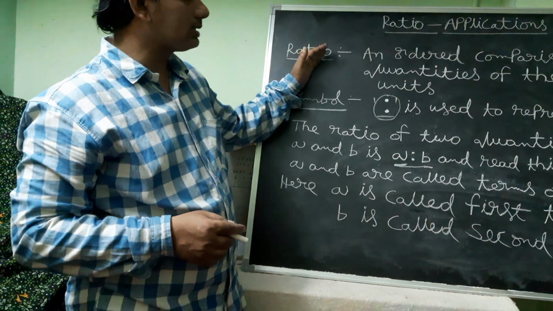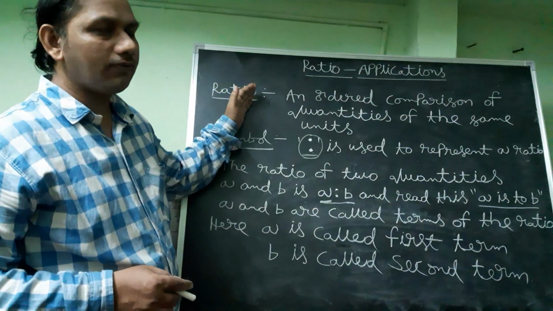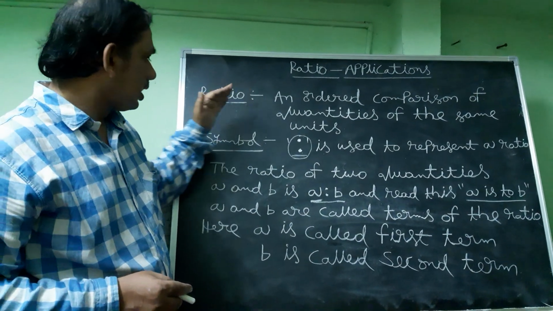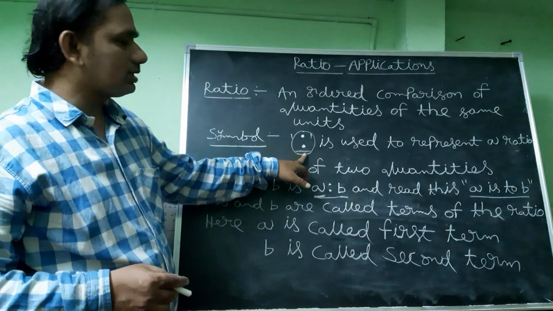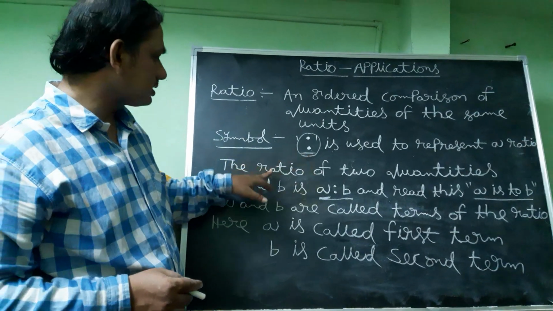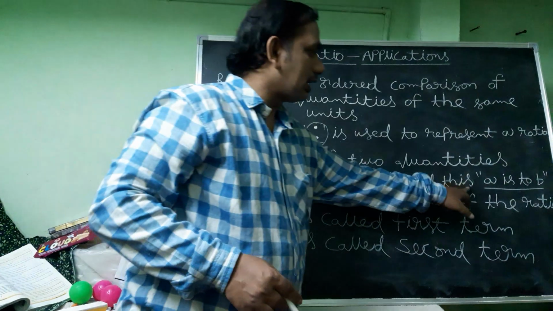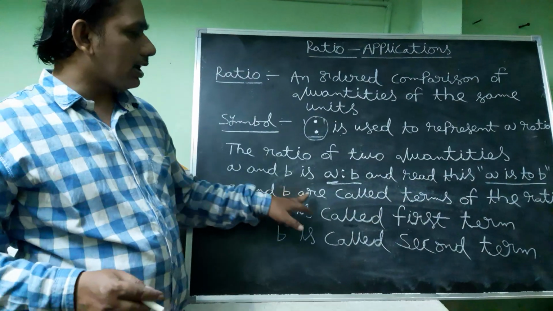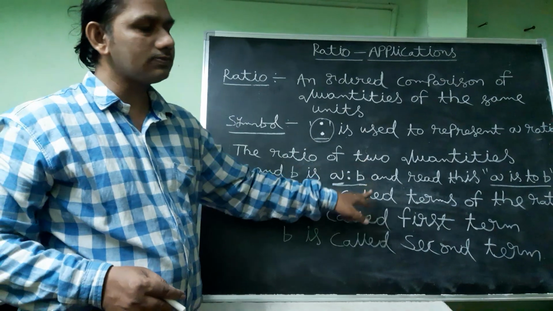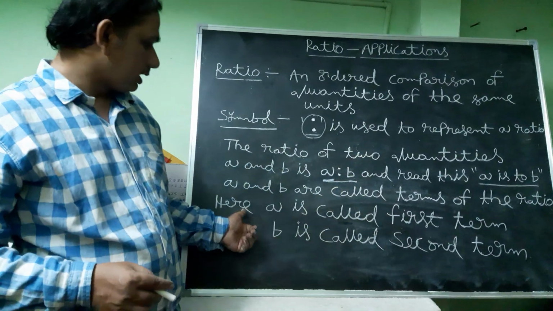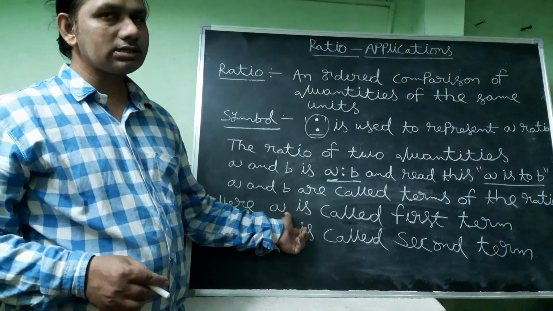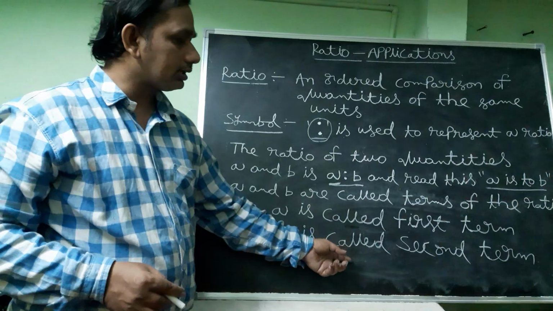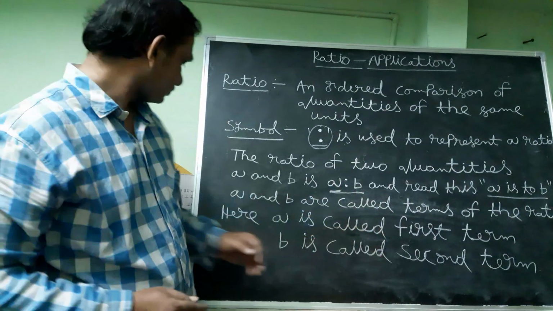So ratio means comparison of quantities of the same units. Ratio is represented with this symbol. This symbol is read A is to B. A, B are called terms of the ratio. Here A is called the first term, B is called the second term.